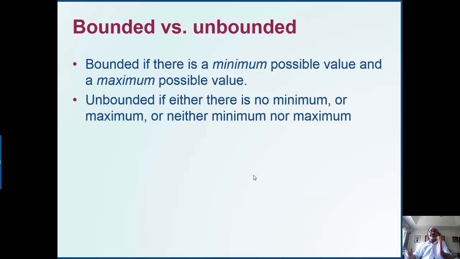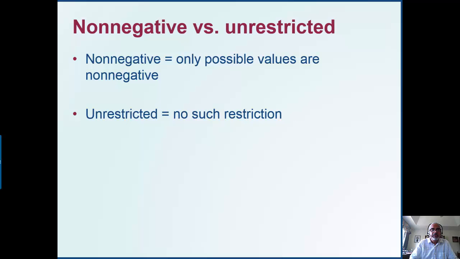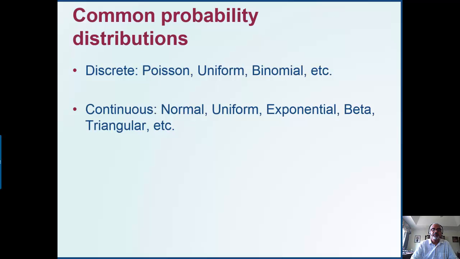So that is an example of a distribution that has a minimum bound, but there is no maximum bound. Non-negative versus unrestricted. So non-negative would be an exponential distribution where you cannot have a value that is negative. Unrestricted is, of course, there is no restriction.